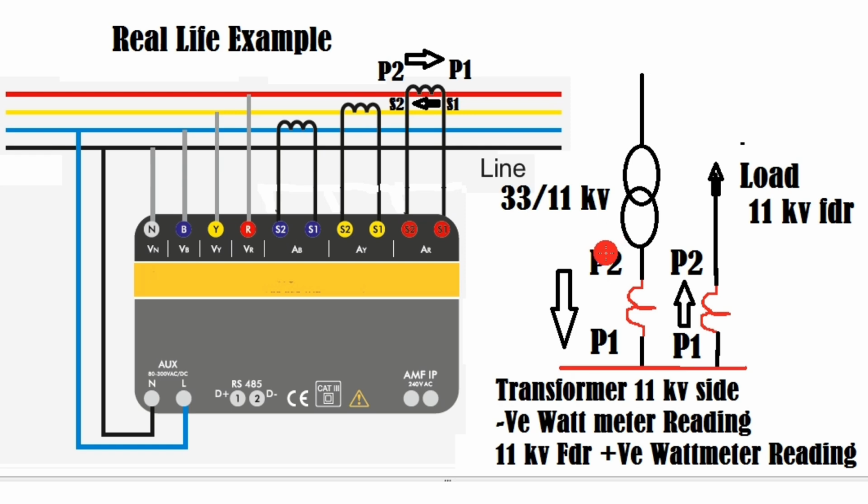Now since the transformer is connected towards the 11 kV bus, the power will flow from the 33 kV side towards the 11 kV side, and for the feeder it will flow from P1 to P2 direction. So since the power is flowing from P2 to P1 direction on the 11 kV side of the transformer, it shows a negative wattmeter reading, and for the feeder, since the power is flowing from P1 to P2 direction, the wattmeter connected in the 11 kV feeder will show a positive wattmeter reading.